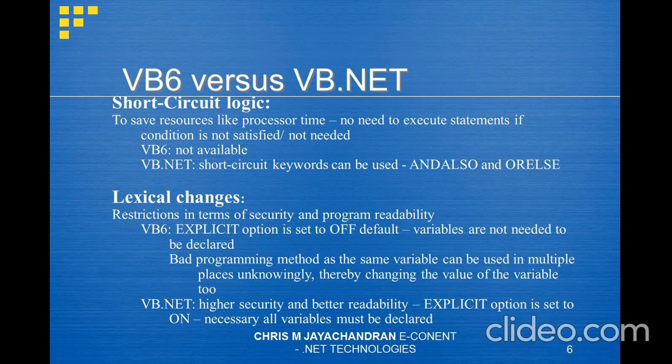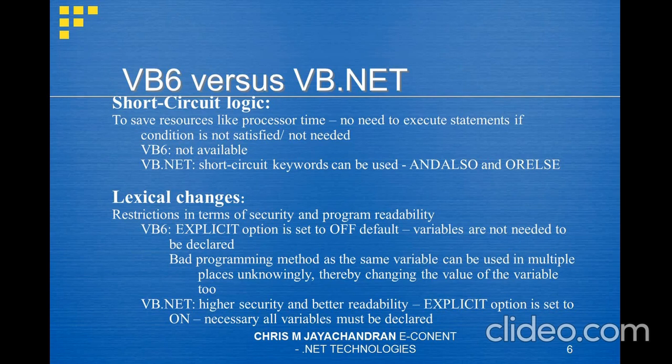What makes it possible? It's the keywords AndAlso and OrElse. Let me repeat that: AndAlso, OrElse. These two keywords help us achieve short circuit logic when we use them in If statements. But this is totally absent in VB6. So this is one good point about VB.NET.